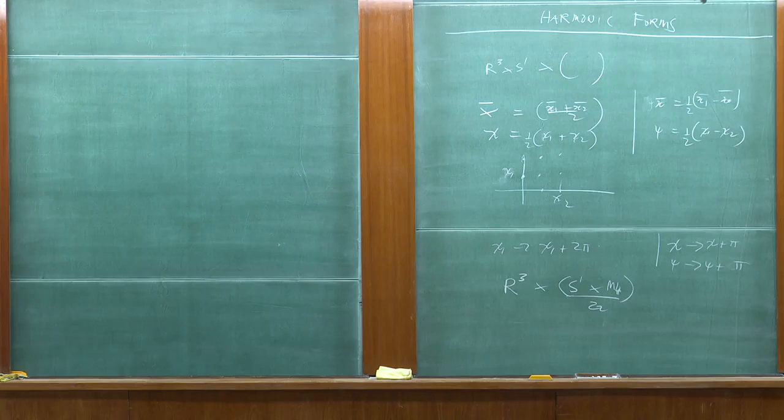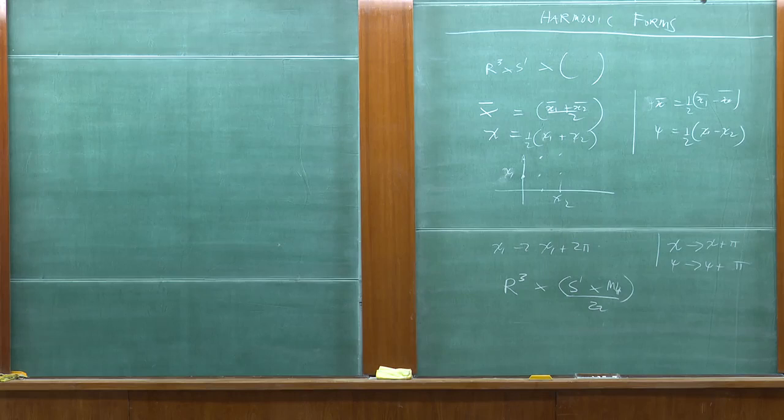Now, on the center of mass part, the Z2 really acts like a pi shift on S1 because that part is free. On the relative coordinate, we're going to get a non-trivial metric in this relative space. It acts as pi on chi, exactly. A pi shift on chi.